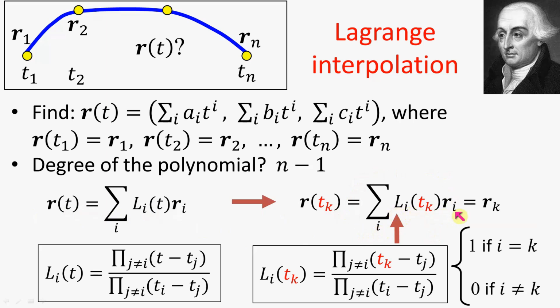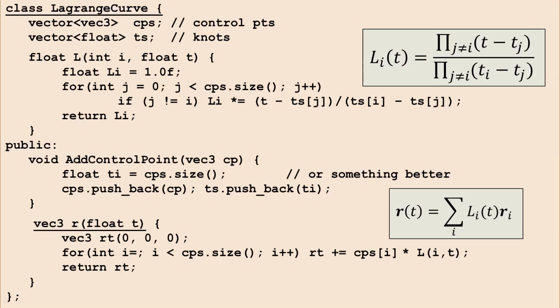However, from these terms, all but one term is 0, because for all terms where i is different from k, we concluded that this weighting function is 0. So from this sum, only one term remains in the result when k is equal to i, so we get rk, which is just the interpolation requirement of the Lagrange interpolation scheme. Let us implement this Lagrange interpolation curve.